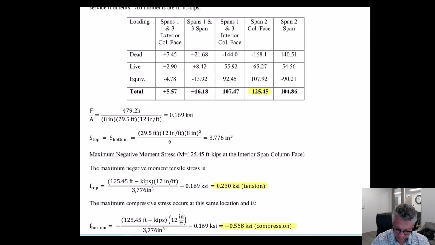So to check stresses, the section modulus is the same, top and bottom. So really what I'm doing here is just grabbing the worst case. If I can check that, and if that works, it's going to work everywhere else, because I don't have, like I had in the beams, a small section modulus to the bottom and a large section modulus to the top. I've got the same. So in this case, 3,776 inches cubed. I'm working with 169 psi average compression.